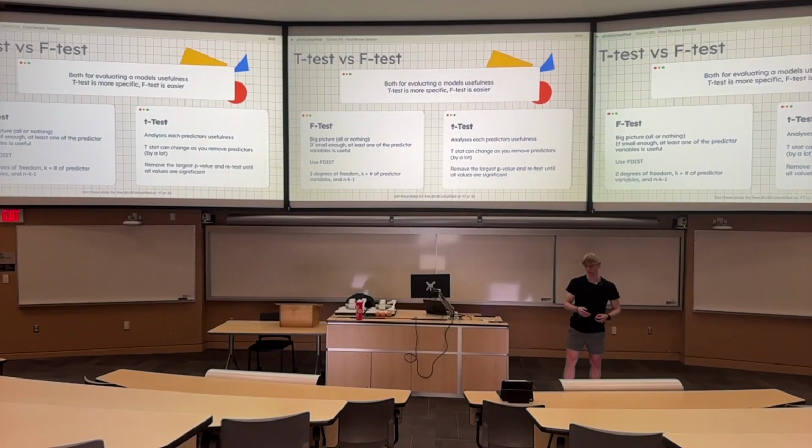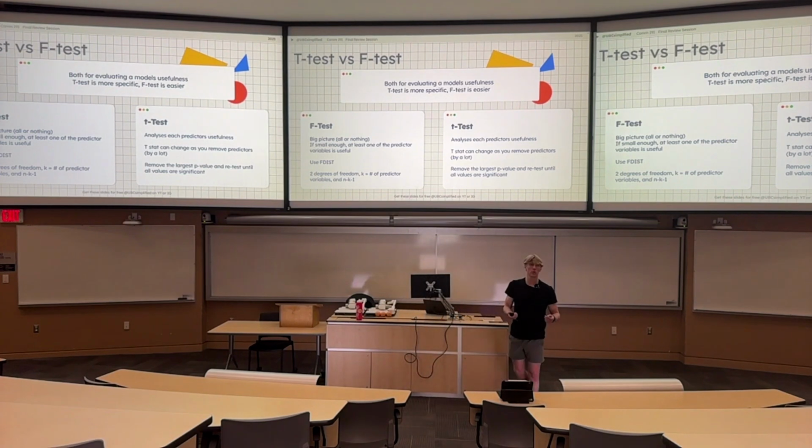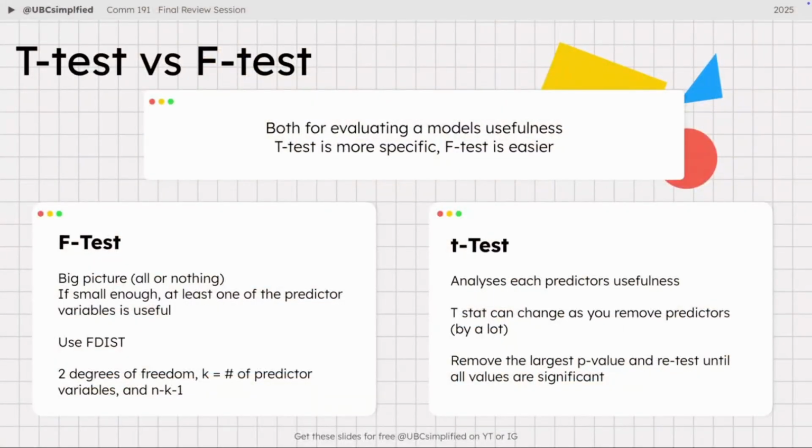If you fail to reject the F-test, that means none of your predictors are good, which is bad. That means you can't predict anything. But if just one of your predictors is actually useful at predicting something about your Y value, then it will pass, and you'll reject the null hypothesis.